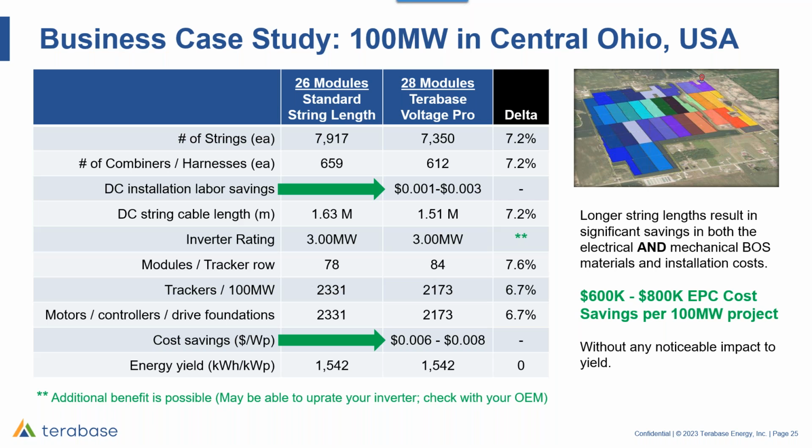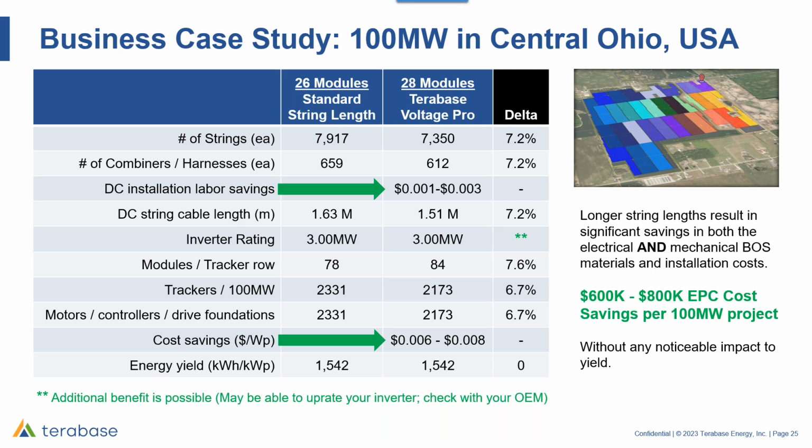As mentioned earlier, you get 7.6% more modules per tracker row, which results in a reduction of trackers by around 7%. This means 7% fewer tracker motors, 7% fewer controllers, and 7% fewer drive foundations. All of these reductions saving us money. Overall, I think it's safe to say that you could save around 6 to 8 tenths of a cent on your EPC costs when you factor in all the electrical, mechanical, and labor cost savings.